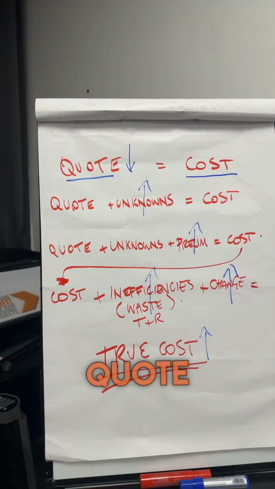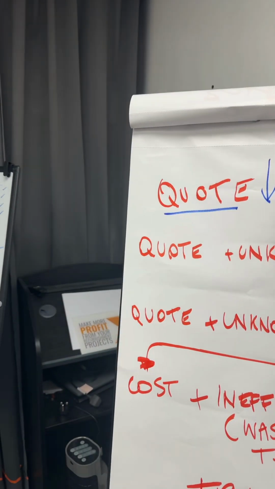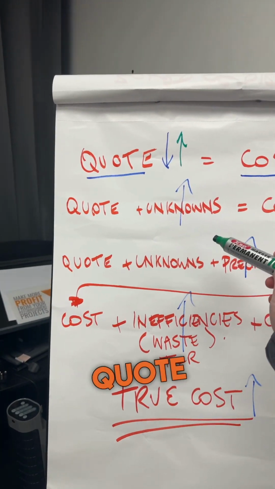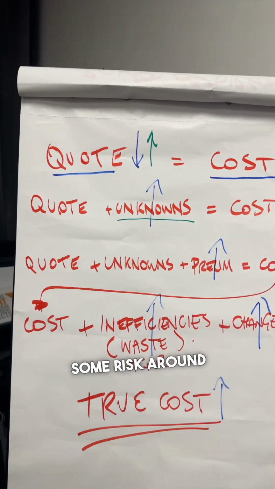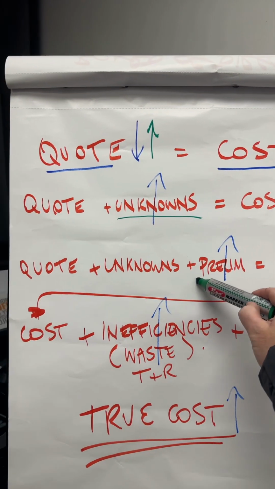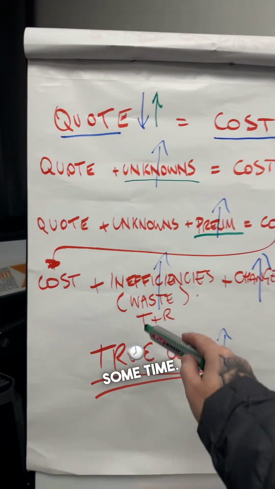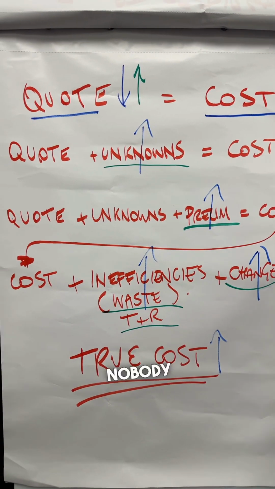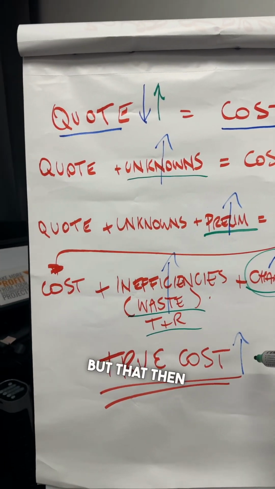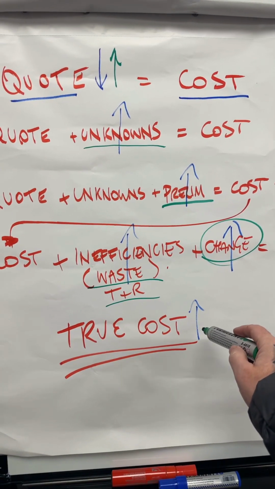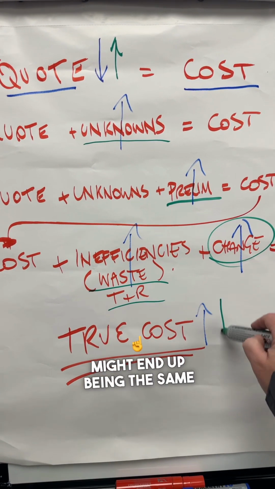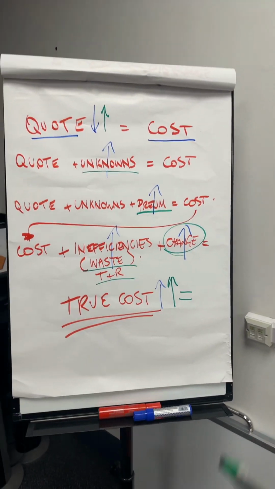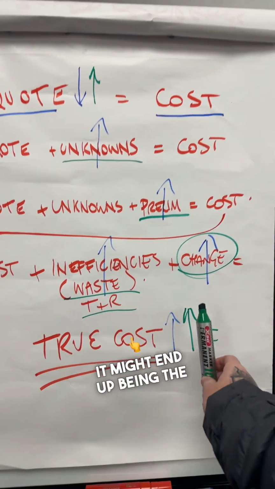Now, when a quote comes in higher, it's likely that they've factored into this higher quote some risk around what the unknowns are. It's likely that they factored in some time. It's likely that they factored in waste. Nobody ever factors this in. But that then means that the true cost might end up being the same as this, or equal to the prior. It might end up being the same.